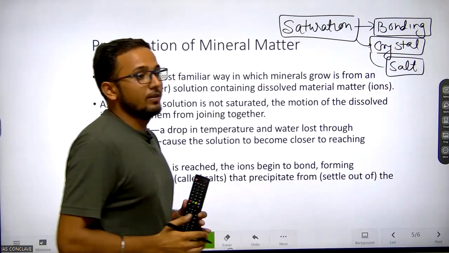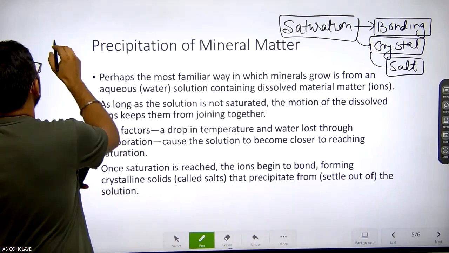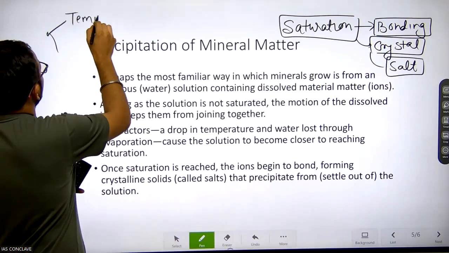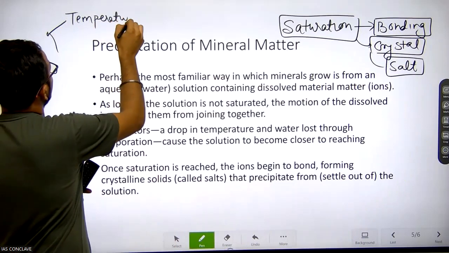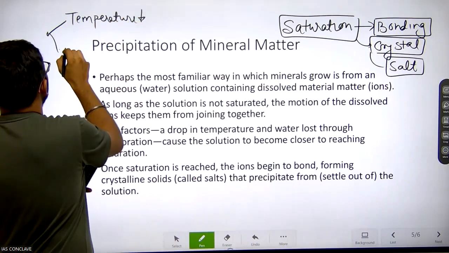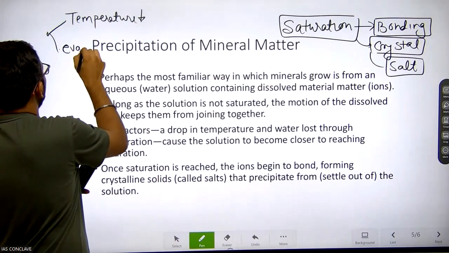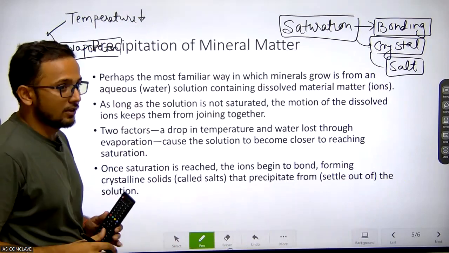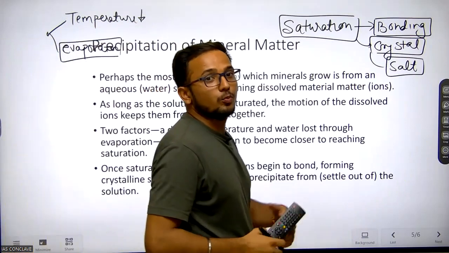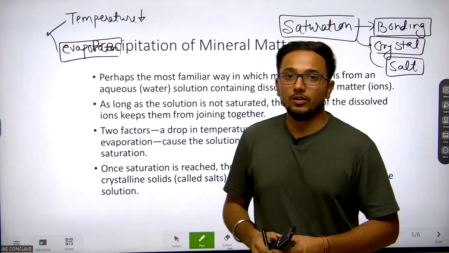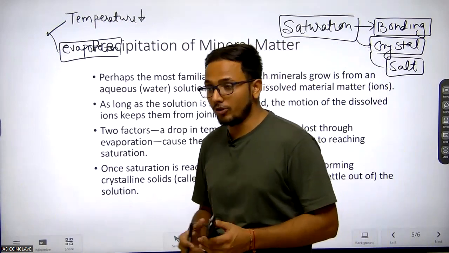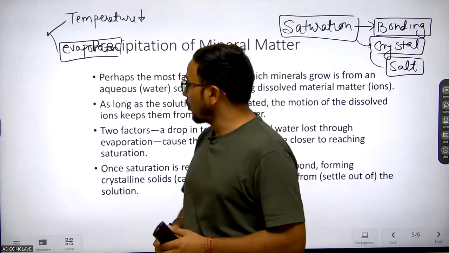This can be achieved in two ways. The one is when temperature lowers down, and the second one is evaporation. Evaporation is the major one, because we know the Great Salt Lake of USA, the Kutch region of India, and the Salt Lake of Rajasthan are famous salt producing regions, in India as well as abroad.